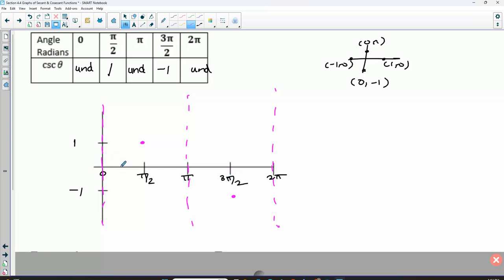We know, like at pi over 6, 30 degrees. What's the sine of 30? 1 over 2. So cosecant would be 2. Right? Same thing when I did the 5 pi over 6. Sine of 5 pi over 6 is also 1/2, so cosecant would be 2.